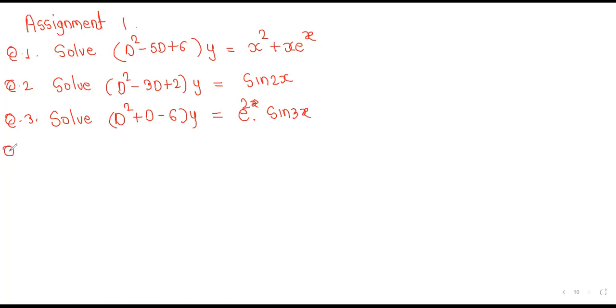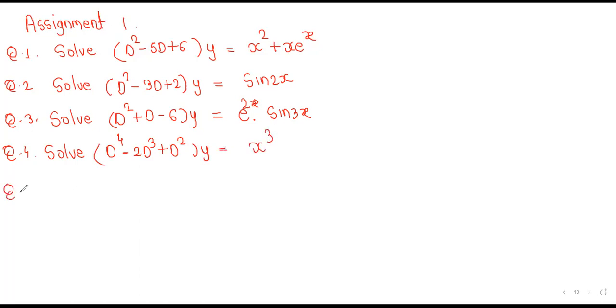Then question number 4 is solve D raised to 4 minus 2D cube plus D square into y is equal to x cube.